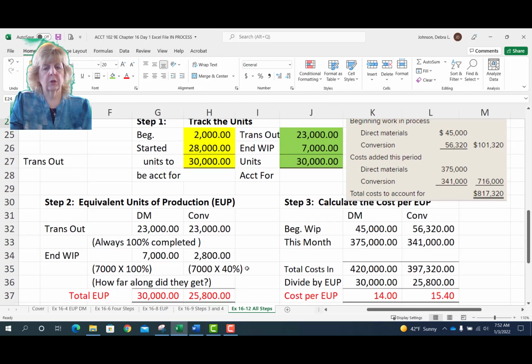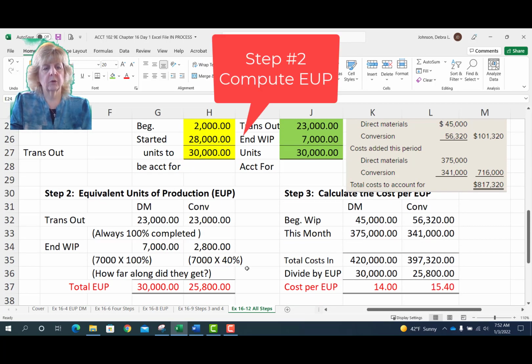Step 2, which is again usually the most confusing for students, is to look at our 2 layers and calculate the equivalent units of production. Weighted average is always 100% completed, so we simply brought down that 23,000. Ending WIP still isn't finished by its very definition.